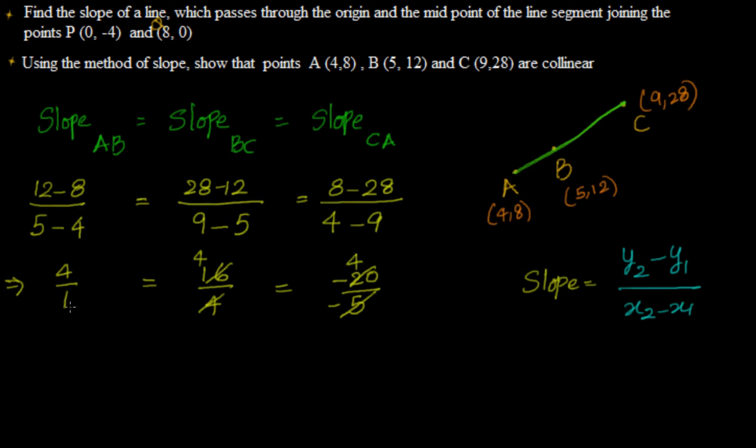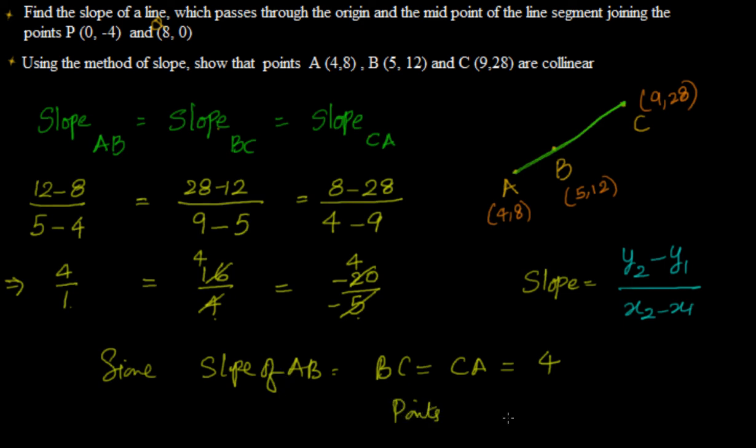So you can see that slope of AB equal to 4, slope of BC equal to 4 and slope of CA equal to 4. Since slope of AB equal to BC equal to CA equal to 4, points A, B and C are collinear. So we can prove by using slope that these points are collinear by taking the line segments and proving that the slopes of the line segments are equal.